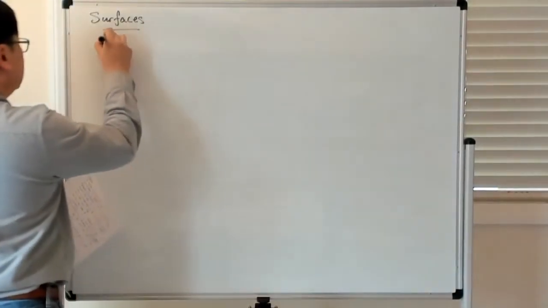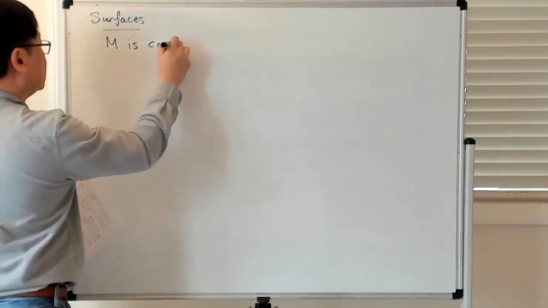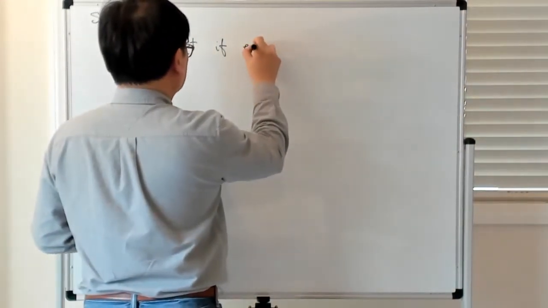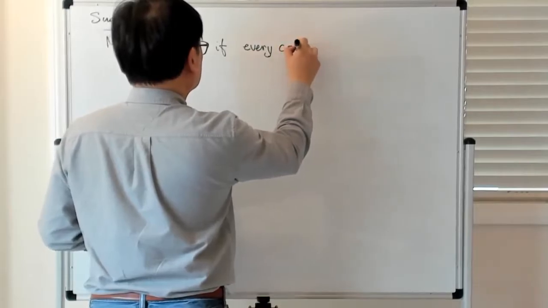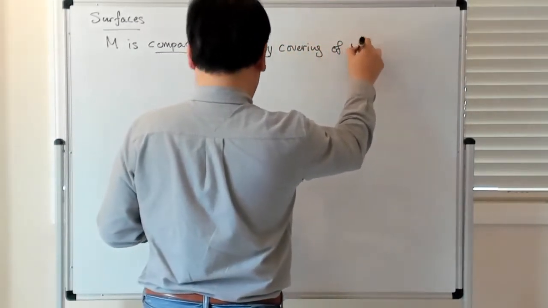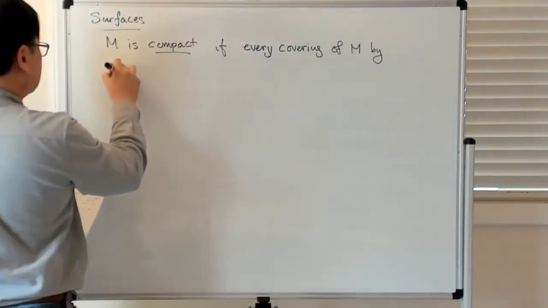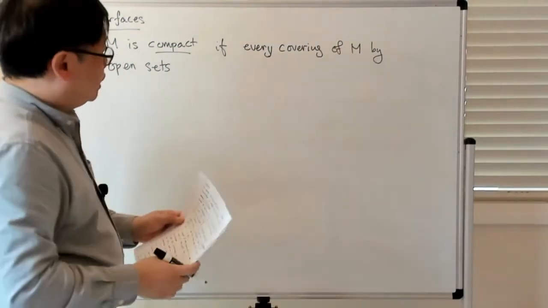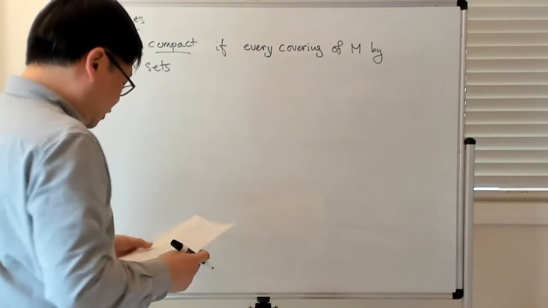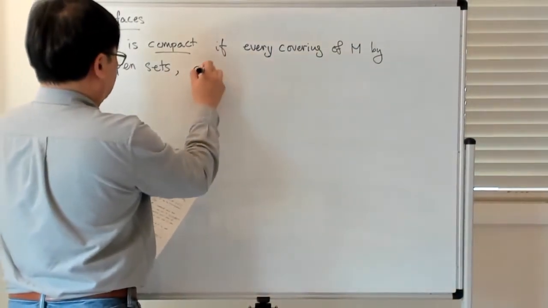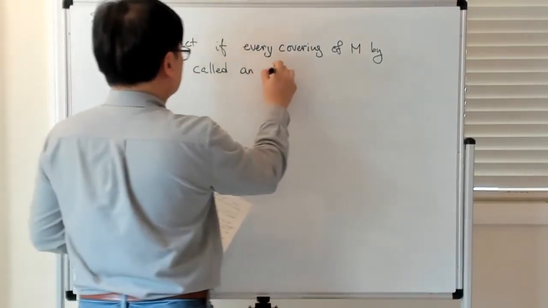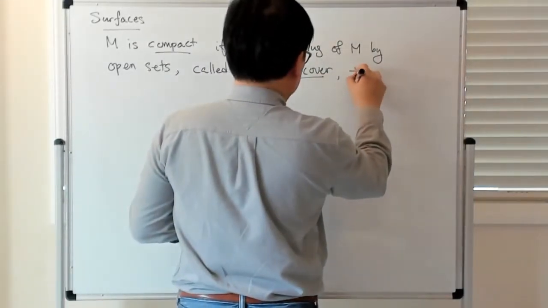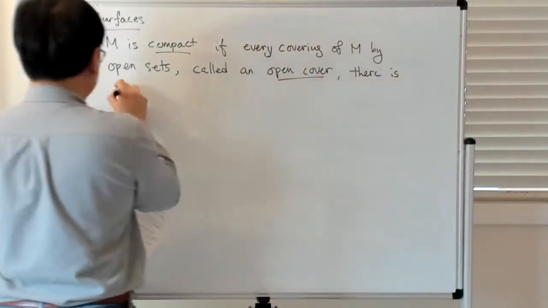This manifold M is what is known as compact if every covering of M by open sets, meaning a collection of open sets whose union is M, which is called an open cover, has a finite subcover.